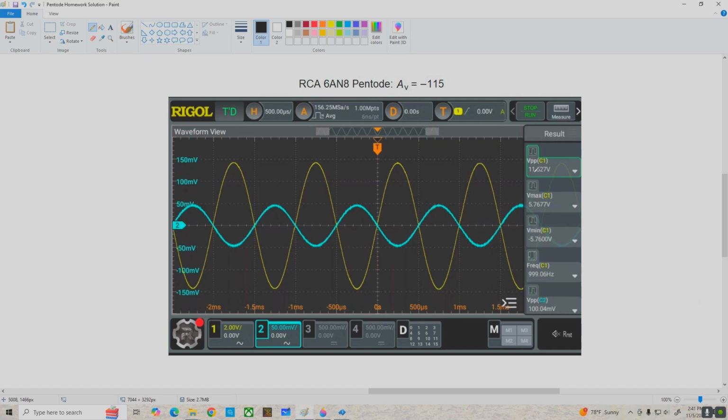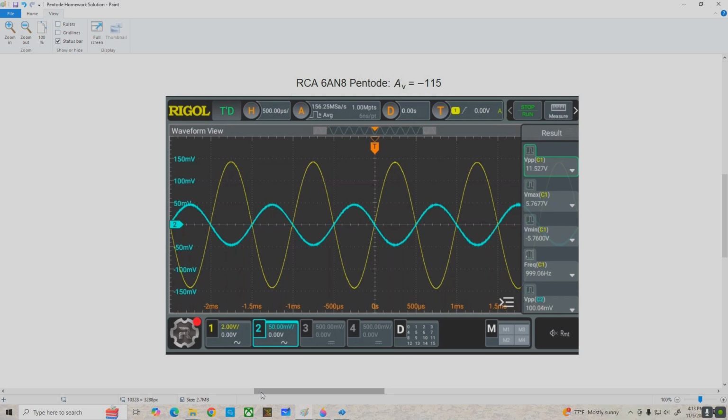The output was 11.5 volts peak to peak, so our gain here is negative 115. And you can see in the scope display there's no hint of distortion shown, so I didn't bother doing a spectrum analysis for either of these outputs. We've got a relatively small amplitude output, so it's going to be pretty clean.